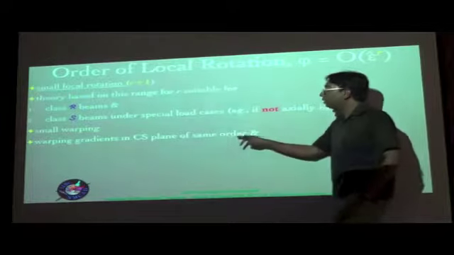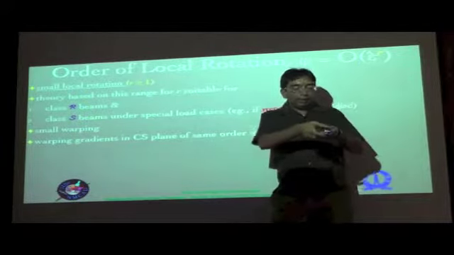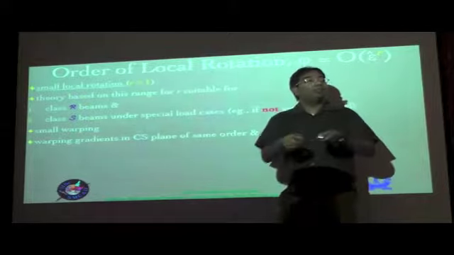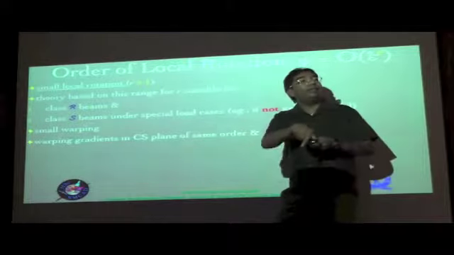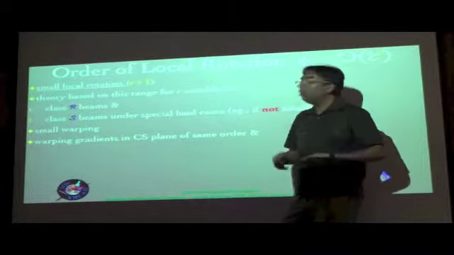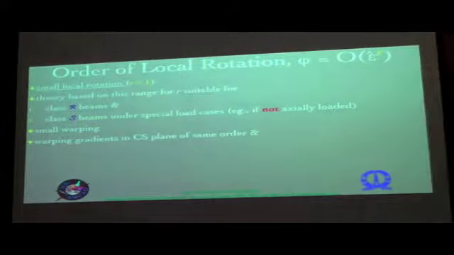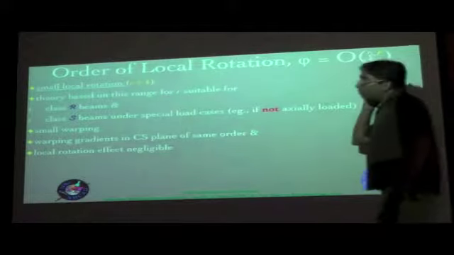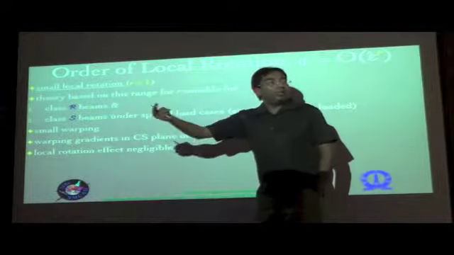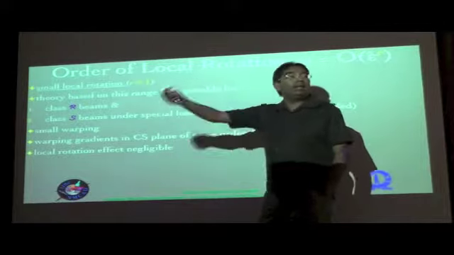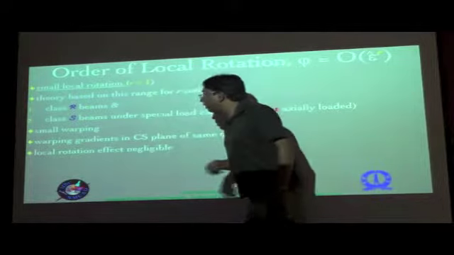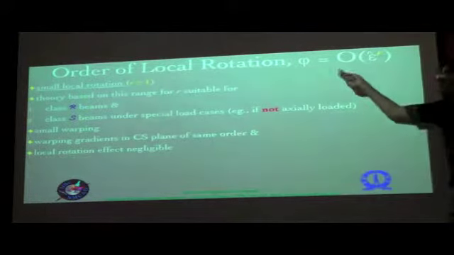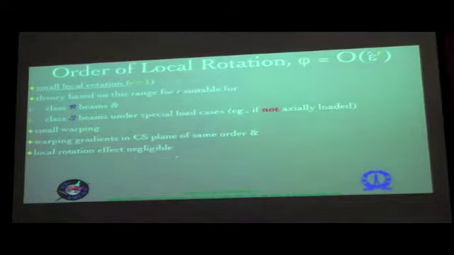We know that in the cross-sectional plane, both the thickness as well as the width are of the same order of magnitude for a class R beam, and therefore the warping gradients in any direction that you take within the cross-section would be of the same order of magnitude. Numerically they might be different, but they are of the same order of magnitude. Again, we are talking about the largest values they can take before failure happens or the design limit loads are reached. So then the local rotation effect is negligible in such situations. That is why we call that a small local rotation case.